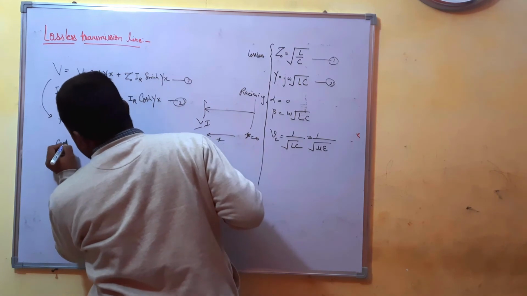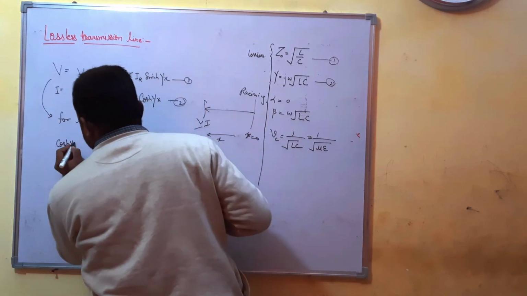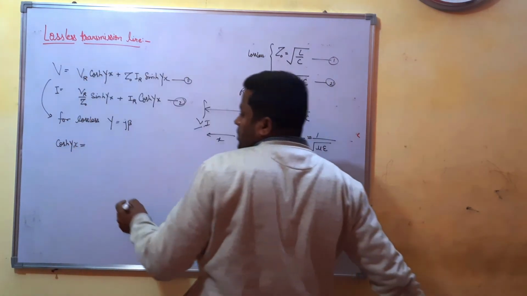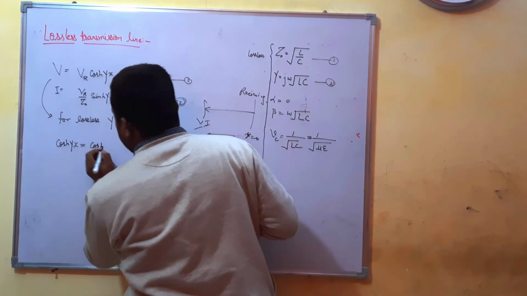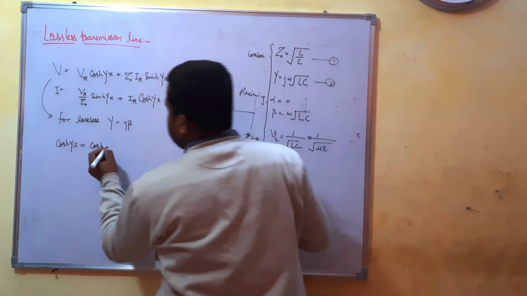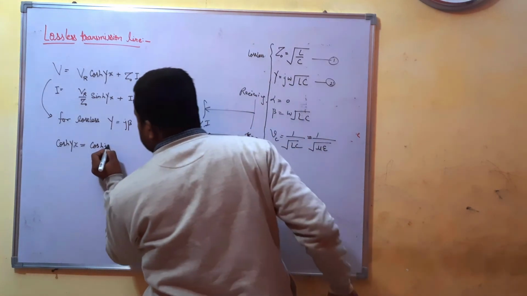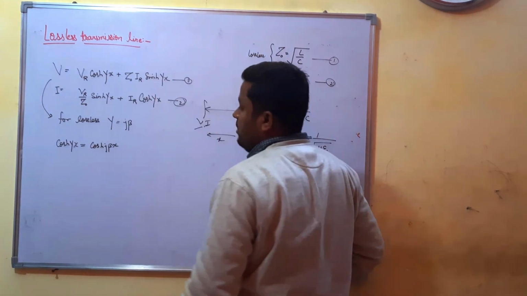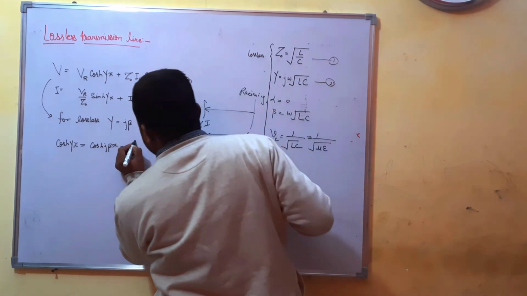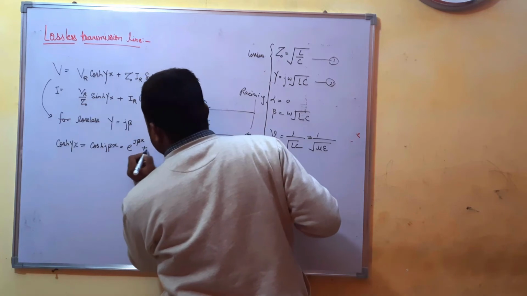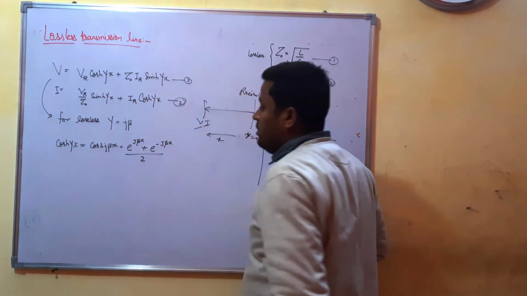So cosh gamma x can be written as cosh j beta x. This can be written as e to the power j beta x plus e to the power minus j beta x, by 2. Okay.